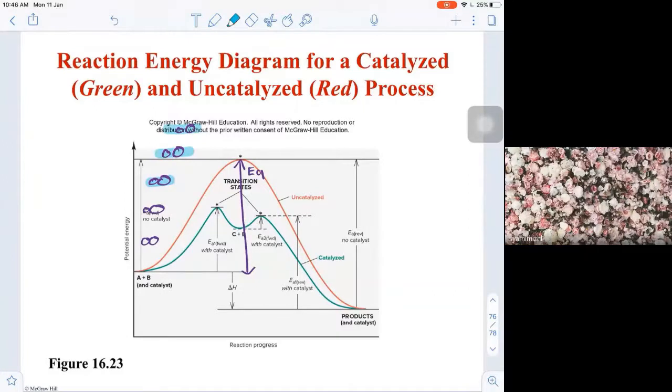Catalyst will provide an alternative pathway that has a lower activation energy. In this example, the alternative way has 2 peaks, which shows that the mechanism involves 2 steps. We'll discuss what a mechanism is after this.